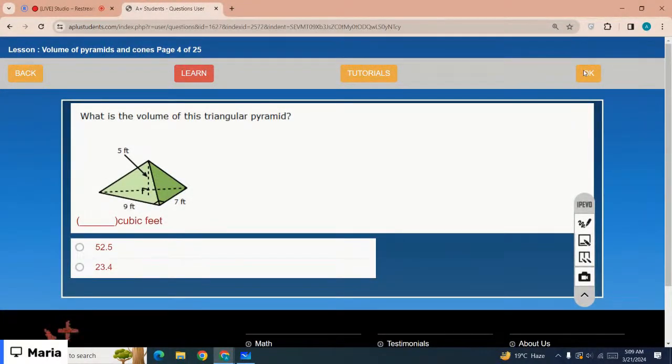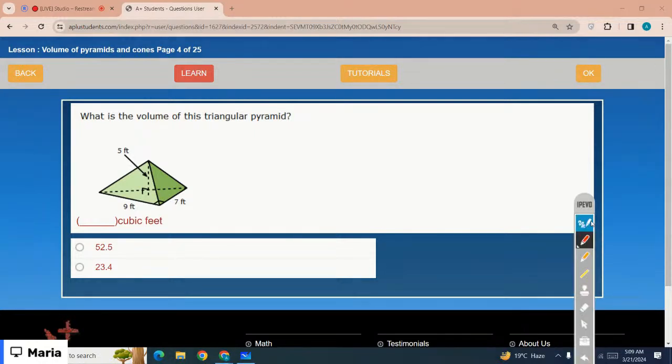Okay, what is the volume of the triangular pyramid, right? Okay, so let's see how do we find the volume of the triangular pyramid.